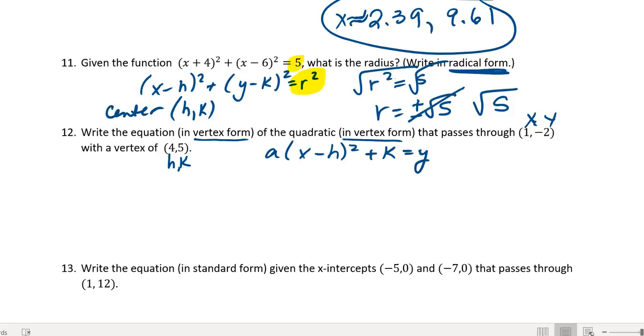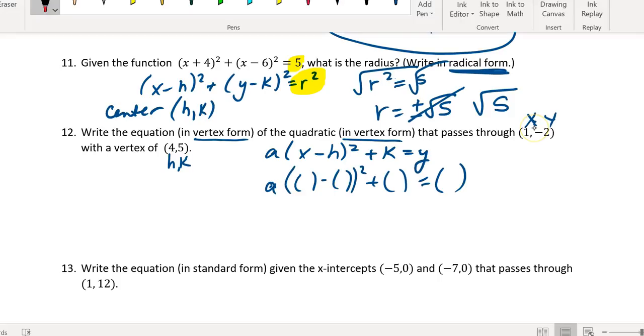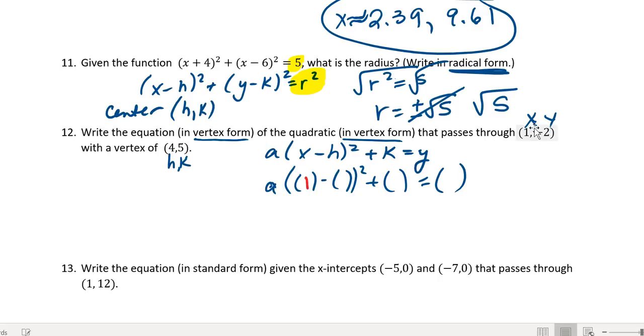So I'm going to replace my x and my y, 1 and negative 2. So x is 1 and y is negative 2. And I know I'm going to replace my h and my k with 4 and 5. By doing this, now I've created an equation that only has one variable, a. So I can solve for it.